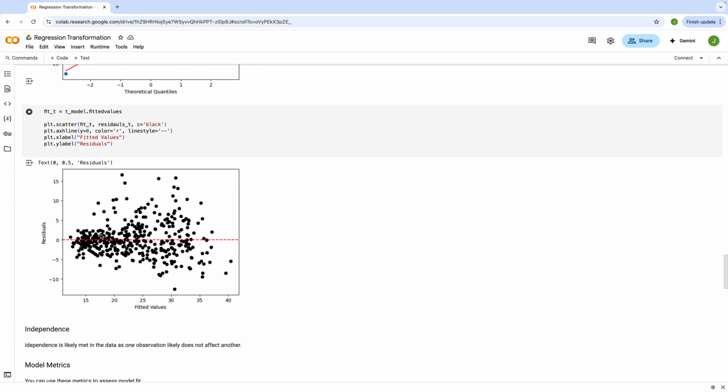It looks like the variance doesn't vary as much as the fitted values increase, but it still has this classic cone shape and seems to be increasing with the fitted values. So the conclusion for the variance would be it's likely non-constant variance, and the independence doesn't change.